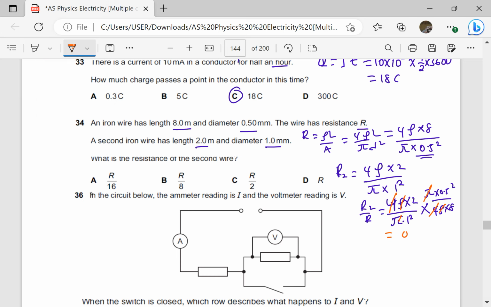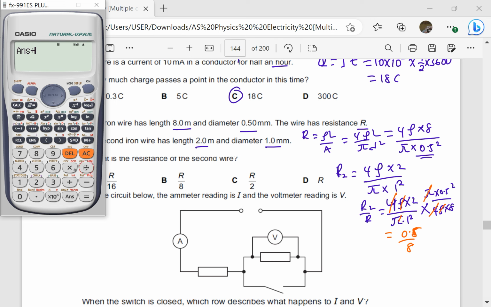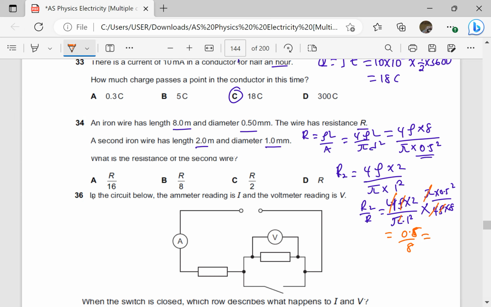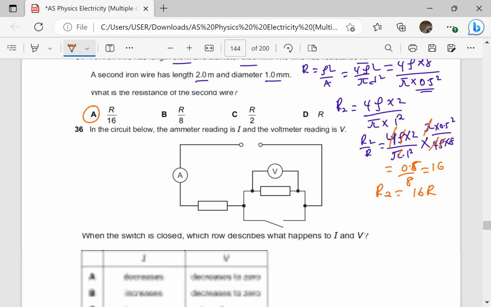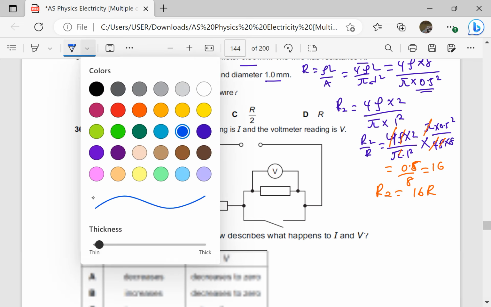So that is 0.5 divided by 8 in the denominator, which gives me 16. So it means R2 is going to be 16 times R. So our answer is going to be A.